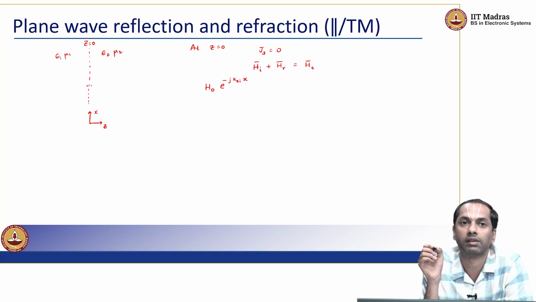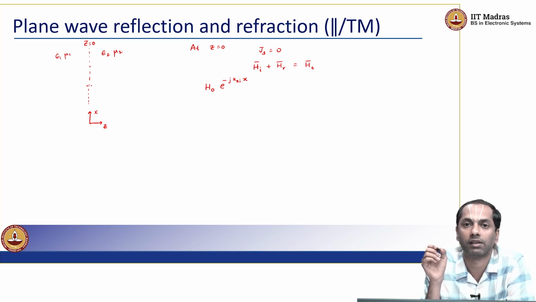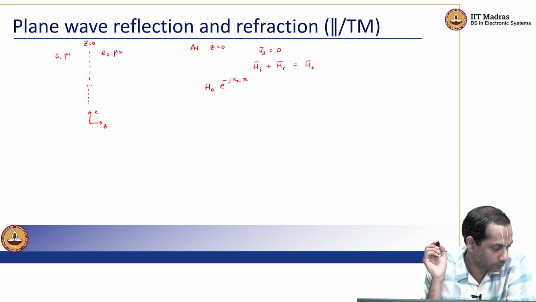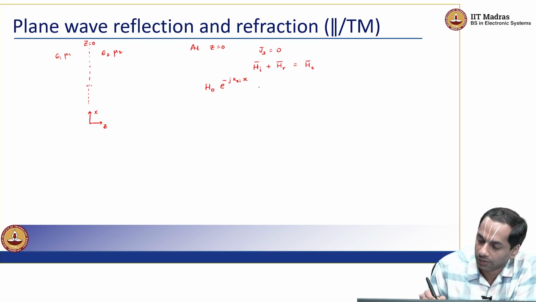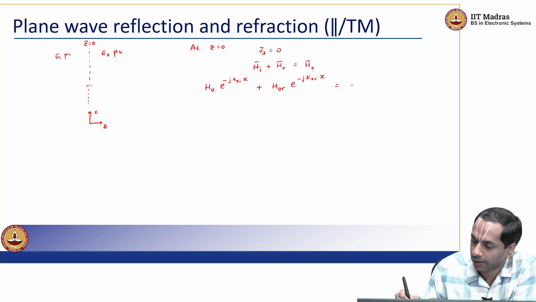Remember, e to the minus j kzi z is 1 because z is equal to 0. Okay, and then the reflected magnetic field vector is H0r e to the minus j kxr x. You can always verify your notes, or you can go back into the video and confirm these equations.